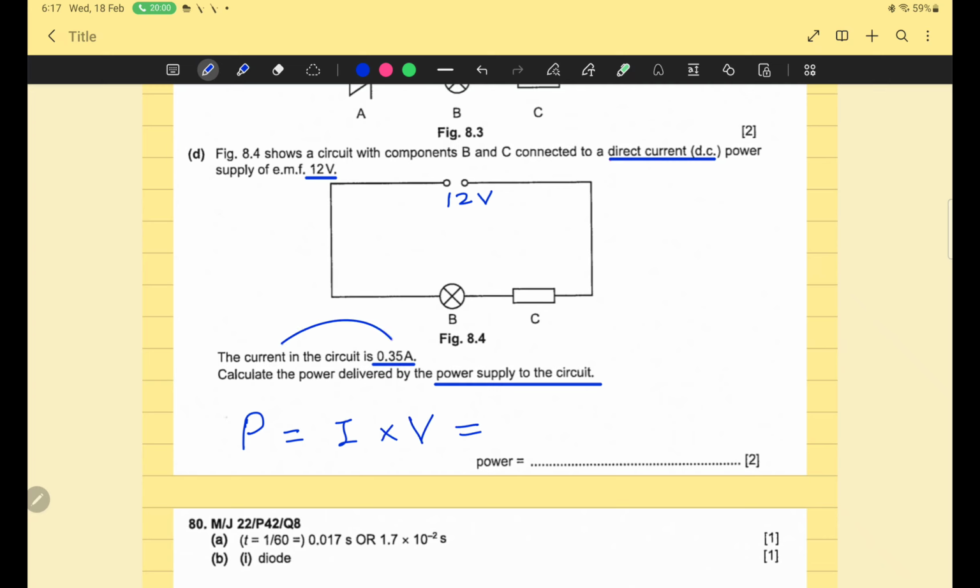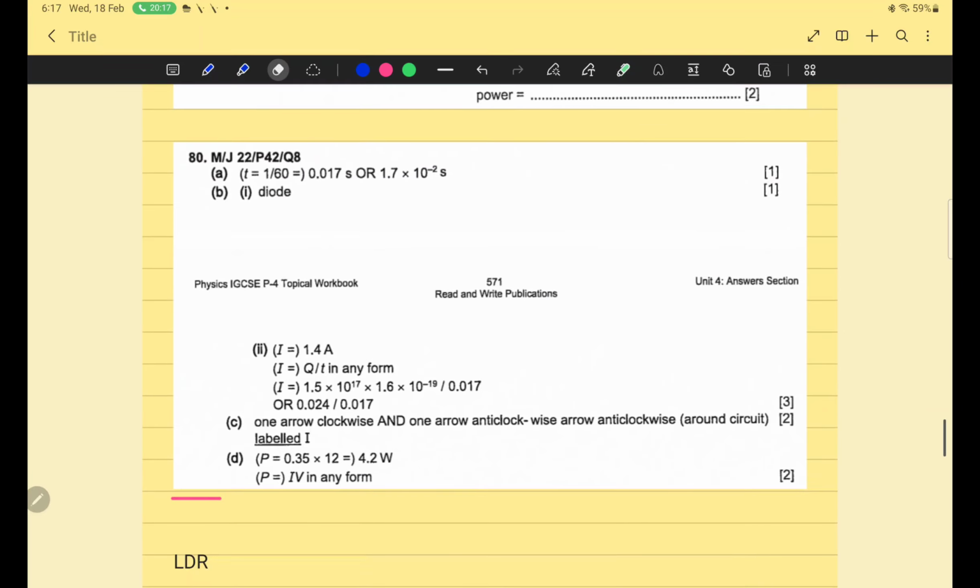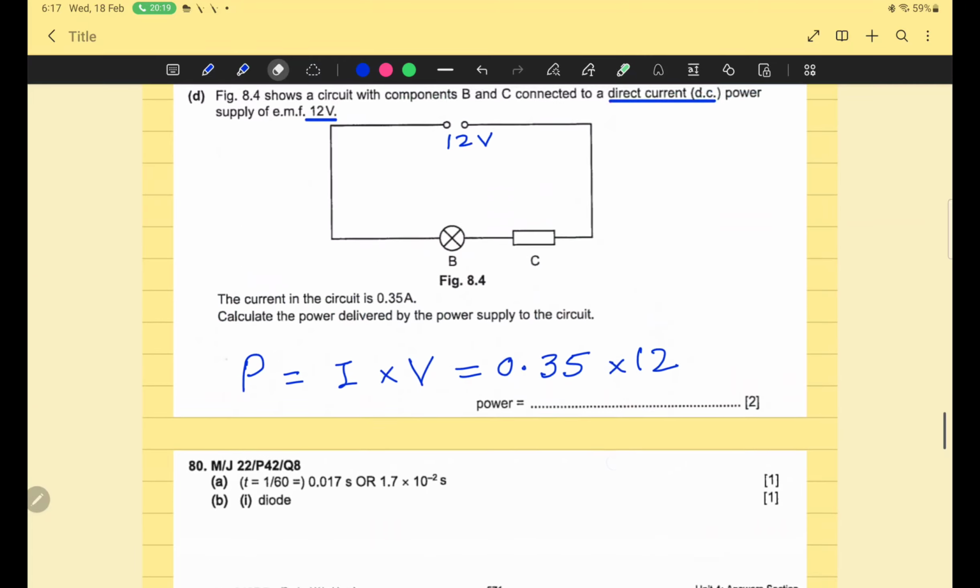The current of the circuit is 0.35. The voltage of the circuit is 12 volt. If you multiply these numbers, you can calculate power, and the power is 4.2 watts.